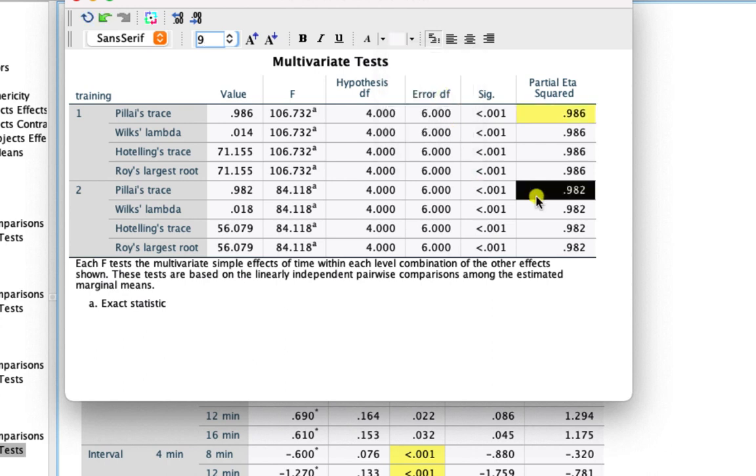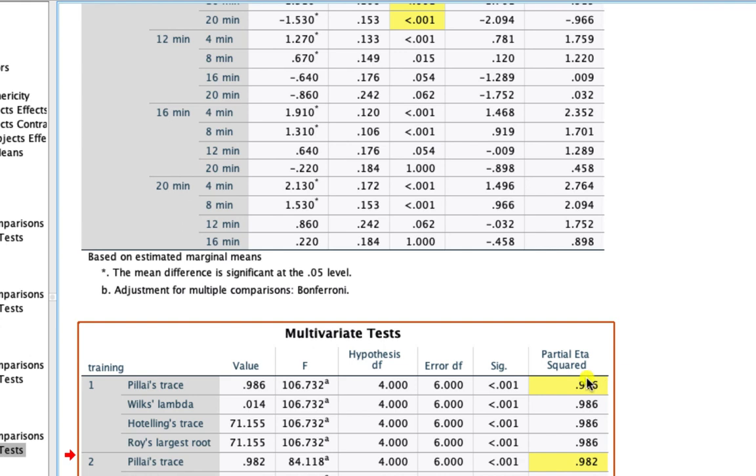The same thing happened for the interval training, so we would report both 0.986 and 0.982 as the effect sizes for the differences between time points within our continuous training and interval training, respectively. That pretty much does it for the output.